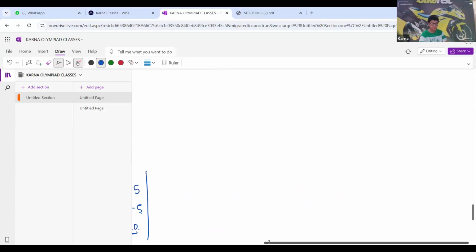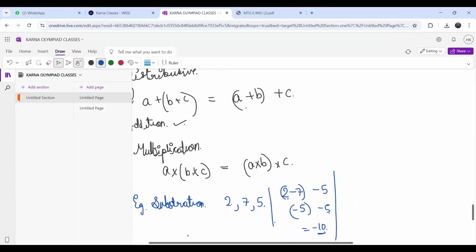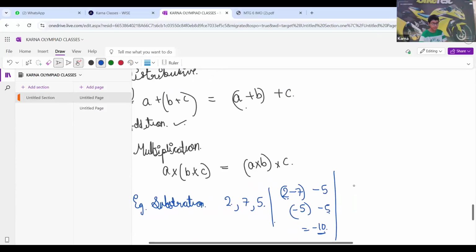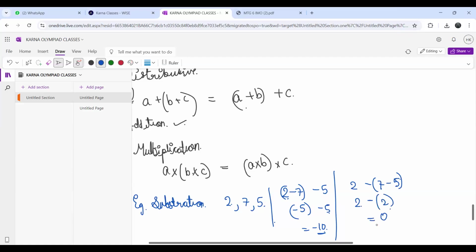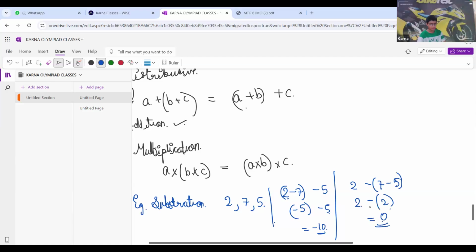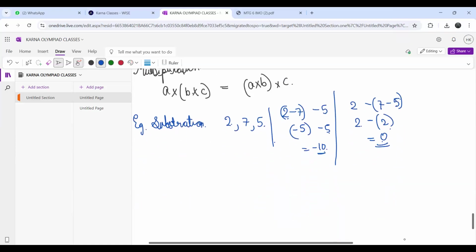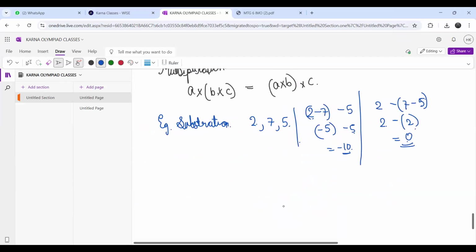And this time, 2 minus (7 minus 5) in brackets, then you'll get 0. So that's how it's not applicable. Clear? Yes, ma'am.